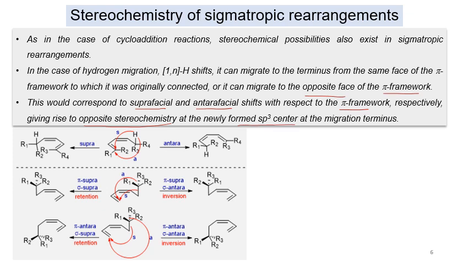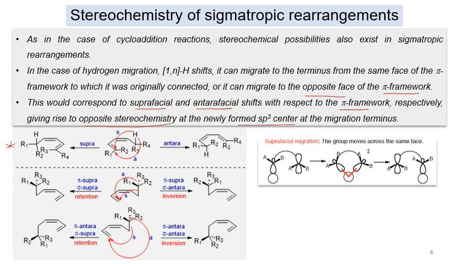What do we mean by this? You look at the first reaction, this one. So in this particular case, this is migrating from the same face of the pi system, whereas in this case, this is migrating from the opposite face of the pi system. So in the first case, it is a suprafacial shift, whereas in the second case, it is an antarafacial shift.